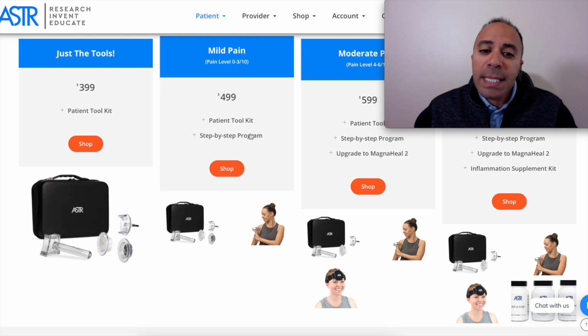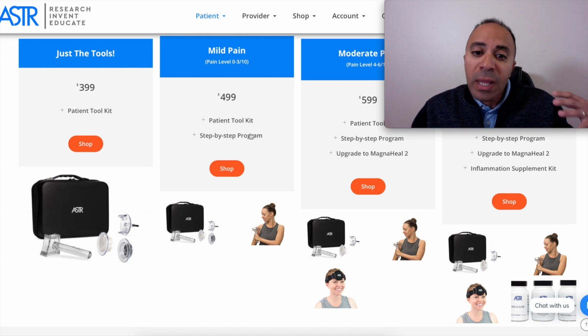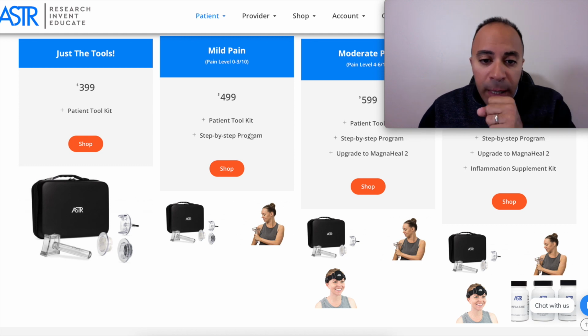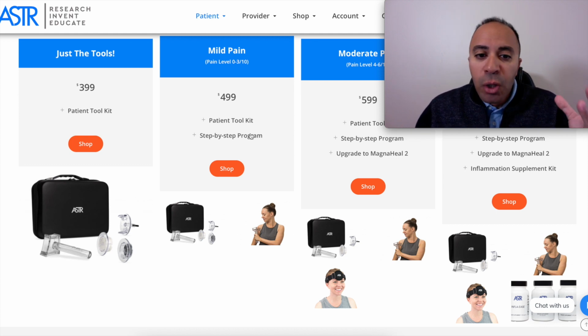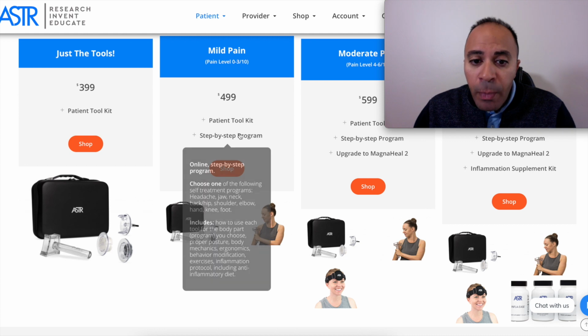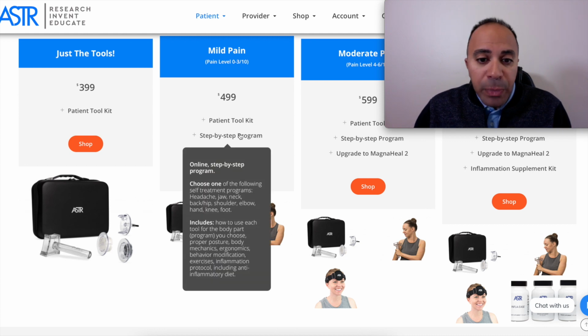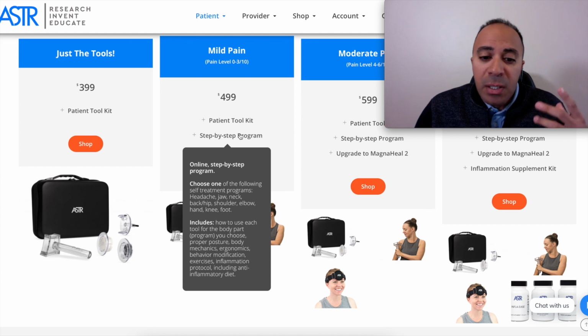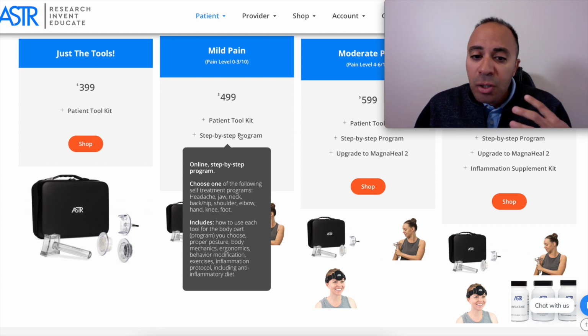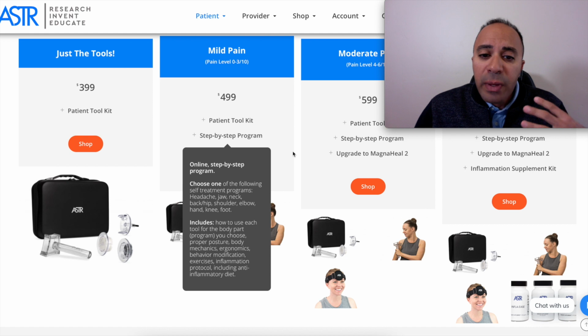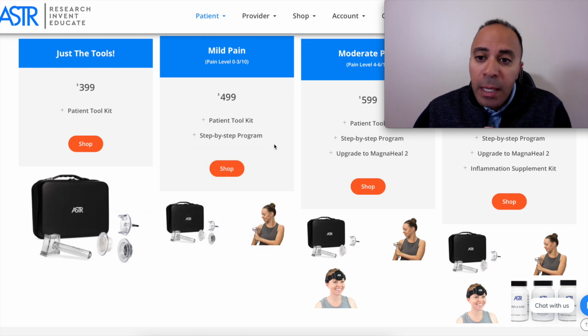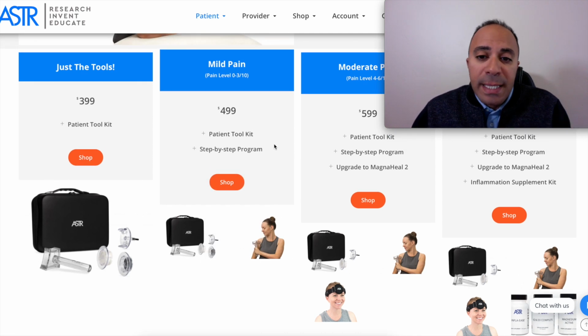The only difference is that you are the one doing the manual therapy on yourself. The program includes how to use the tools, the exercises that you need to do afterward, and behavior modification. It includes the ergonomics, the posture, and the body mechanics, to really get to the root cause of the problem naturally.